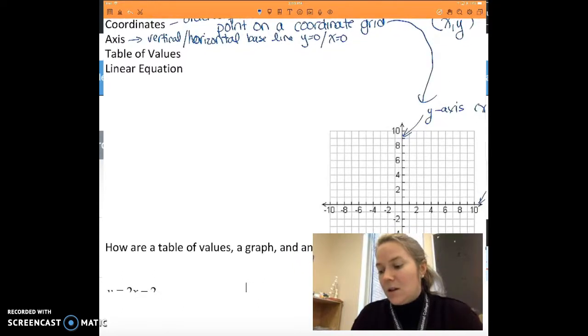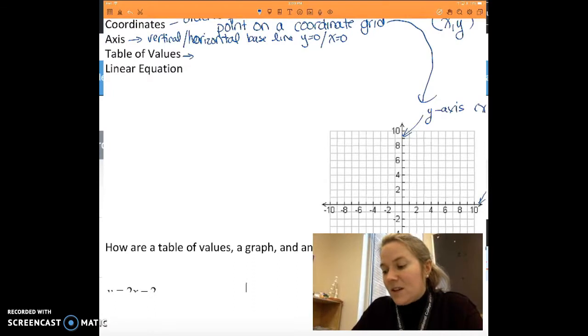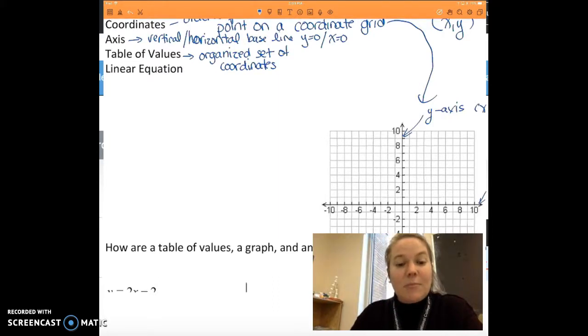Okay? So a table of values is an organized set of coordinates that you can then put onto a coordinate grid or a graph.